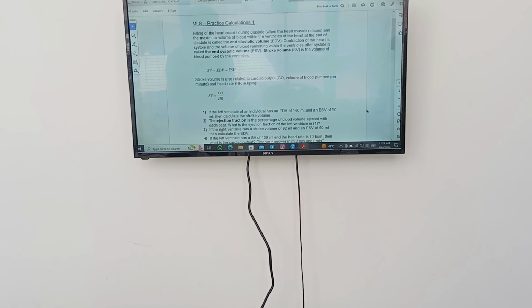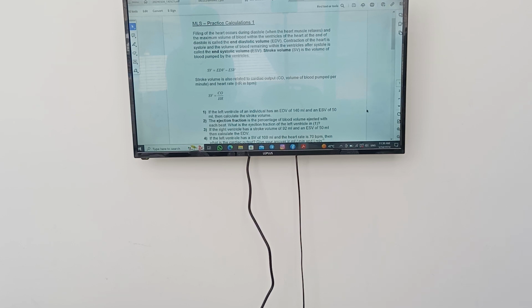After that, the heart will contract like this. The contraction of the heart is systole, and the volume of blood remaining in the ventricle after systole is called end systolic volume. So the heart pumps blood in the state of relaxation, called diastole.